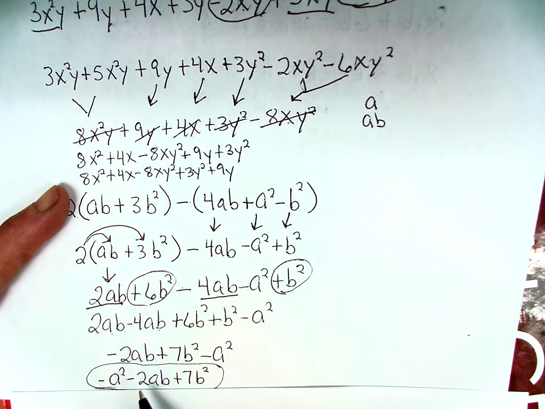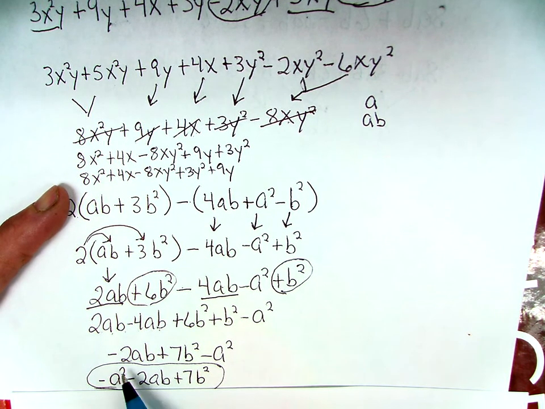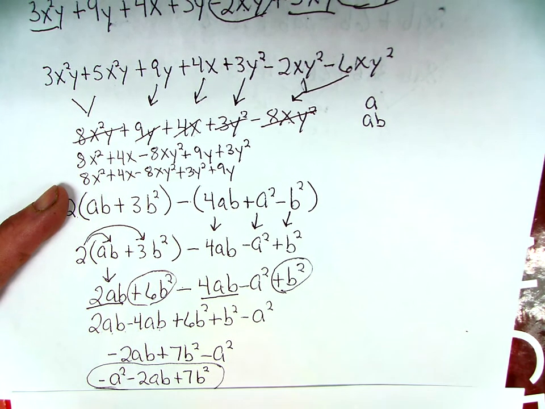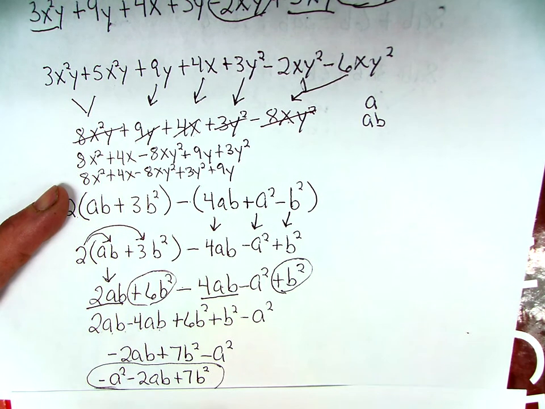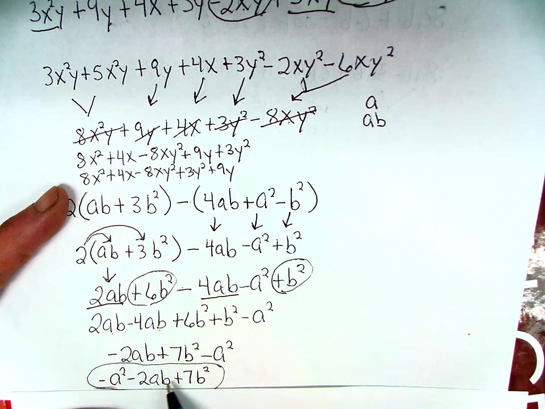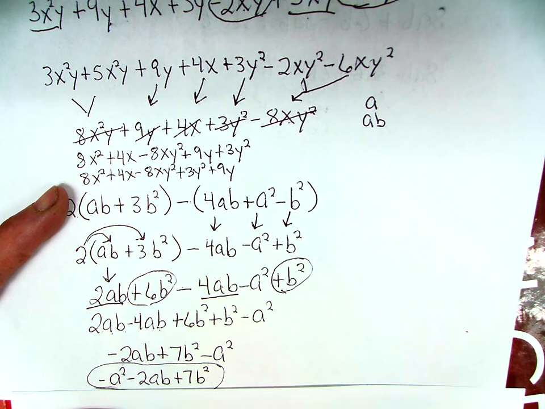Now putting them in alphabetical order with the highest exponent first: negative a squared minus 2ab plus 7b squared. Remember, it's the a's that we get in order. The b's just follow along. It does not matter that the b squared is here at the end. That's where it belongs.